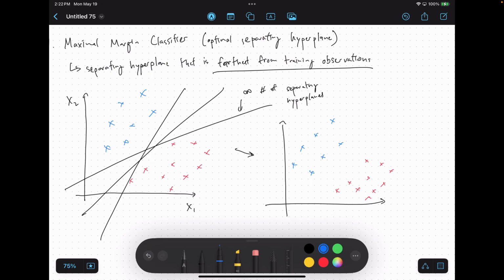And the idea is I want to draw a line that is farthest from my training observations.